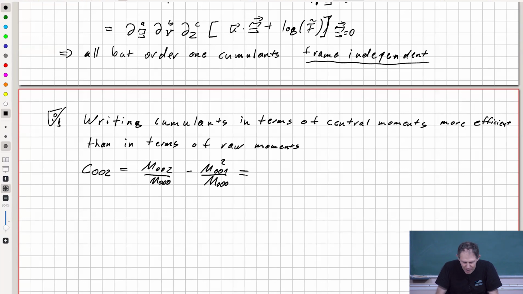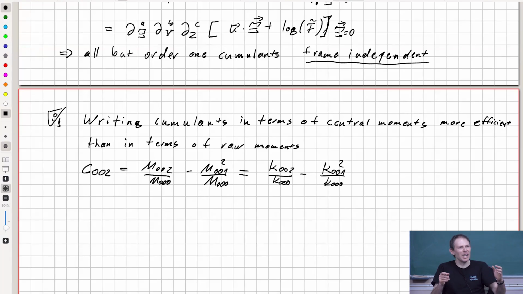Now we have seen that cumulants are the same in whatever frame of reference we write them, unless they are the first cumulant. So because they are the same in whatever frame of reference, we can equally write them as K002 divided by K000 minus K001 squared divided by K000. This is the consequence of them being the same in each frame. Now, why is this simpler?